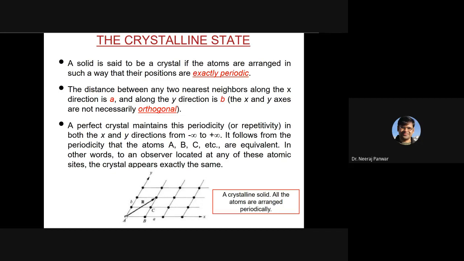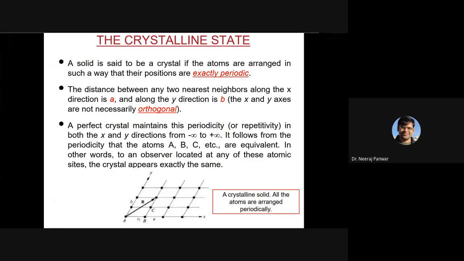If I am at atom A and I look around, I find the same arrangement and orientation of atoms. If I am at atom B, I find the same type of arrangement and orientation of atoms. If I am at location C, I find the same type of arrangement.